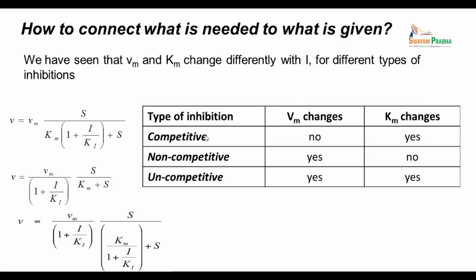The type of inhibition is competitive, non-competitive, uncompetitive. In the case of competitive inhibition, Vm remains the same, there is no change, whereas Km changes. In the case of non-competitive, Vm changes but Km does not change, and in uncompetitive, both Vm and Km change. So we need to find out what changes here.